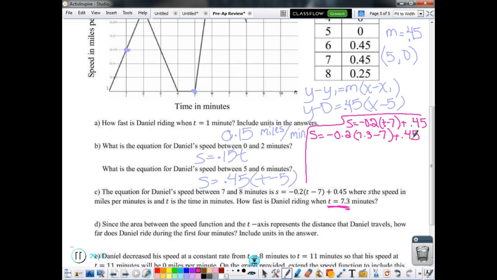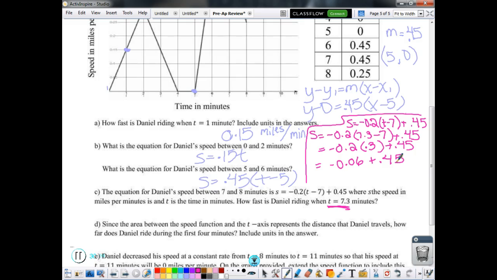And so it just becomes a math problem. 7.3 minus 7 is what? 0.3. Plus 0.45. And then 0.2 times 0.3 is 0.06, negative, and then plus 0.45.